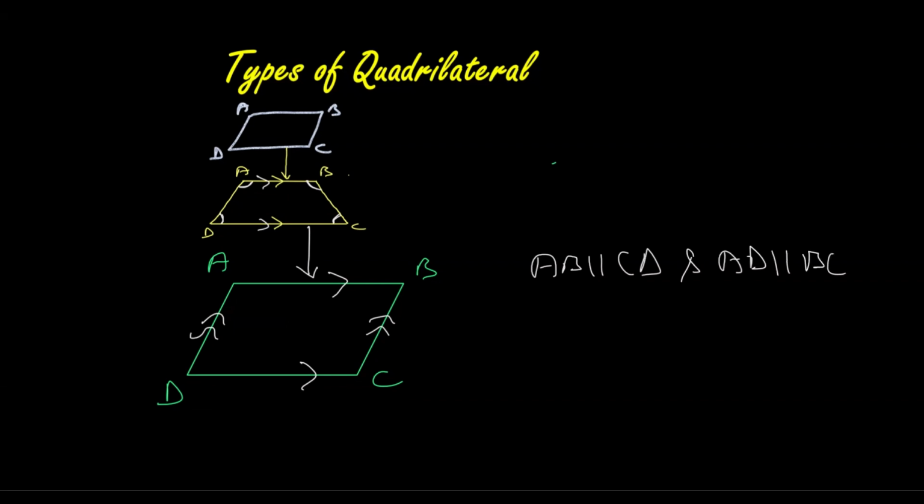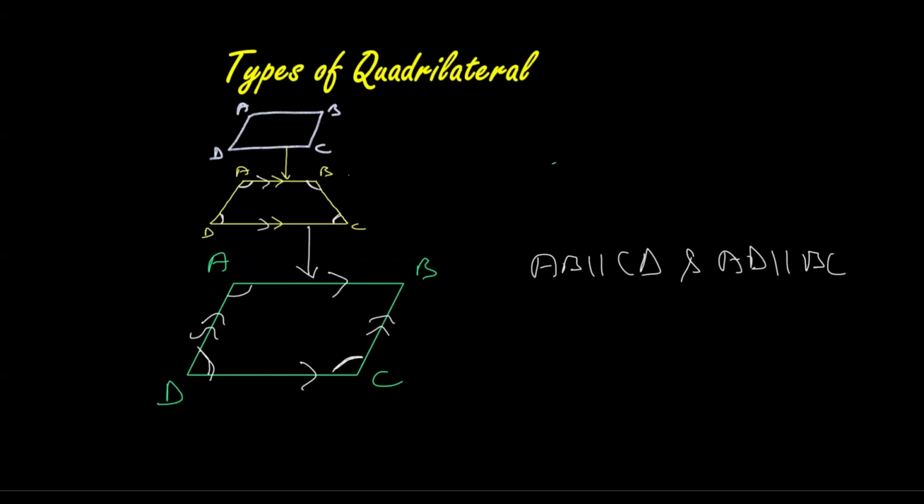So now, using this property, these two adjacent angles should be supplementary, the reason being AB and CD are parallel and AD is acting as a transversal. Keeping this in mind, angle A plus angle D is 180 degrees.